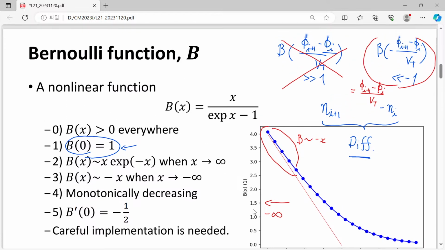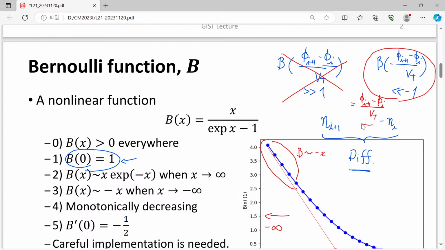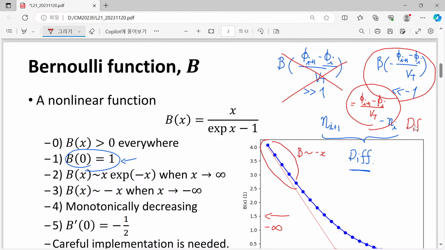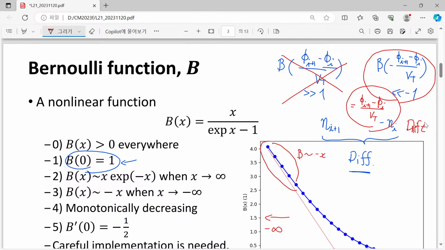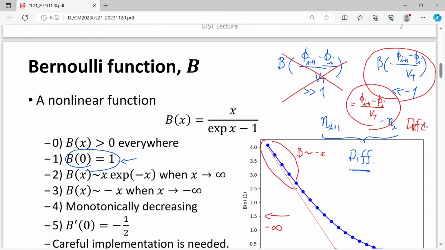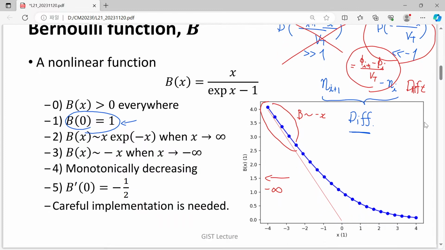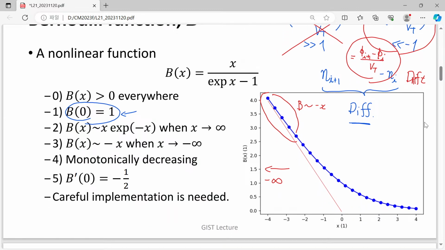You can easily understand once again that this corresponds to the drift dominant behavior of our current density expression. That was already covered in our previous lecture.